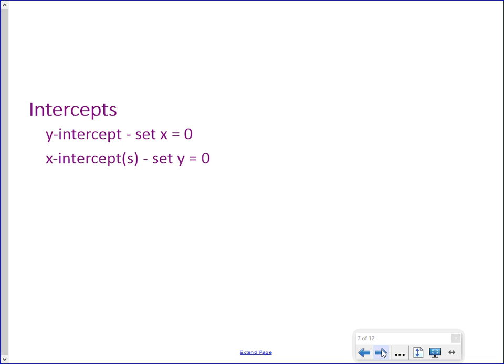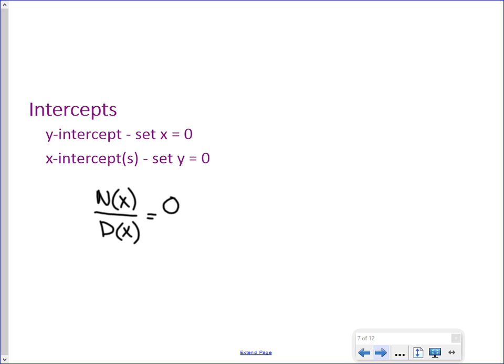I do have a shortcut for rational functions that I think about for x-intercepts. Remember that rational function f of x is n of x over d of x. And if we were to set f of x equal to 0, we're saying that that fraction is equal to 0. So if you have a fraction equal to 0, what do you know about either the numerator or the denominator?